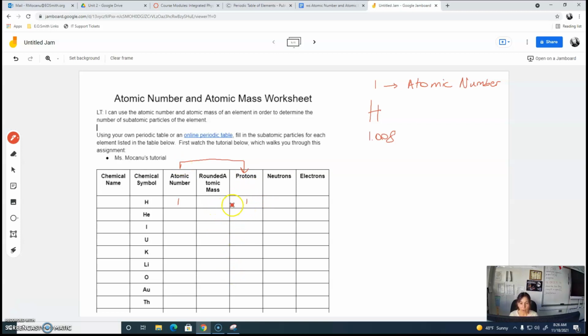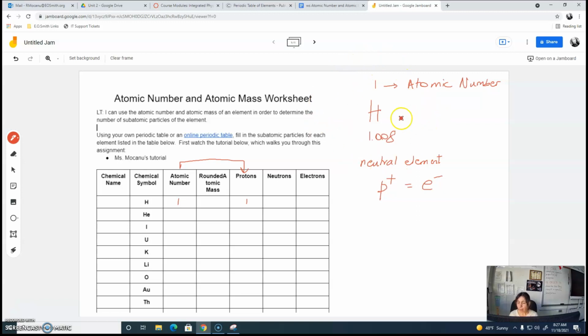Another thing that I know from the atomic number, all elements on the periodic table are neutral elements, meaning that for a neutral element, the number of positive charges that they have, or protons, is equal to the number of negative charges that they have, or electrons.